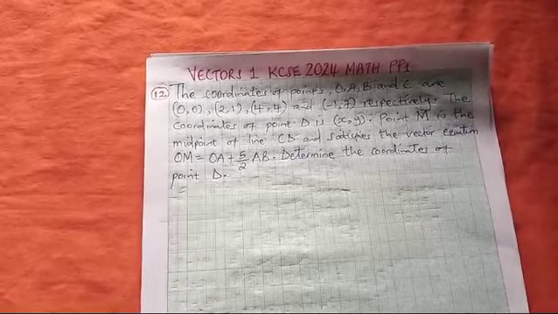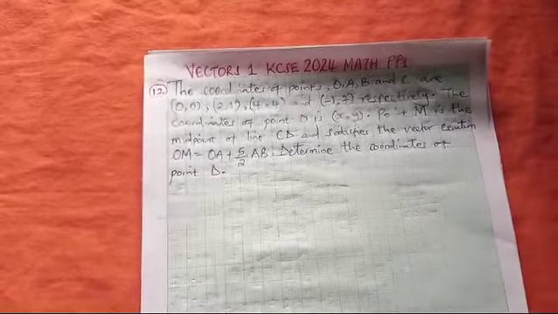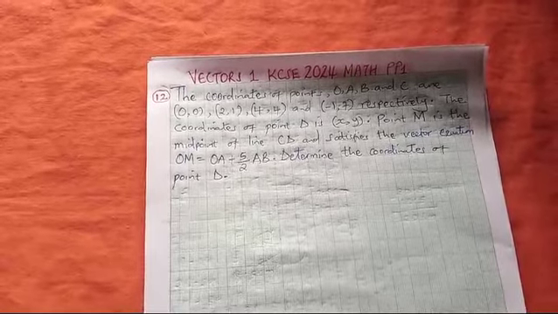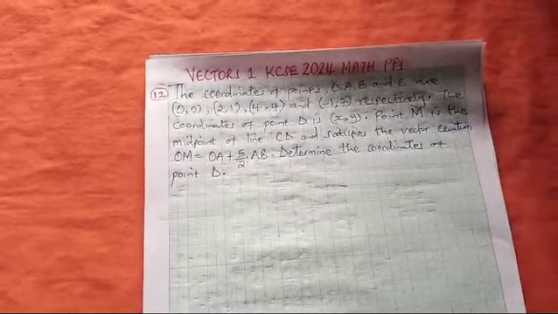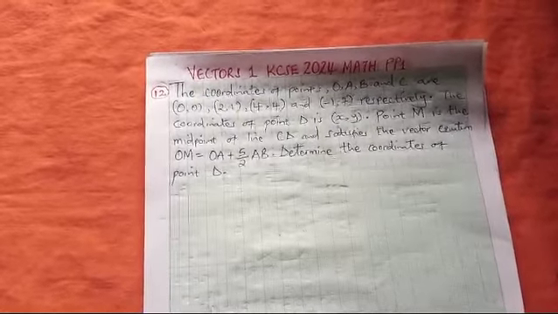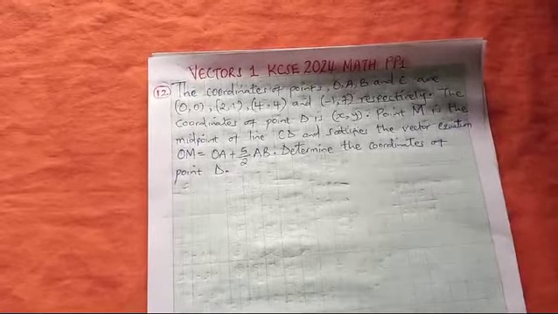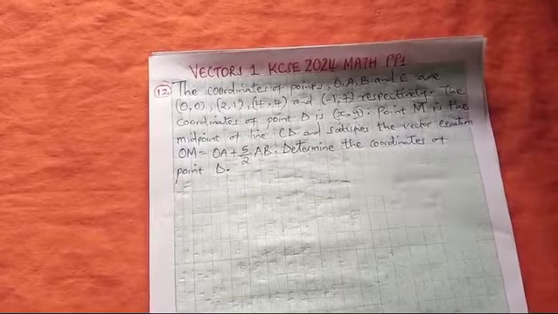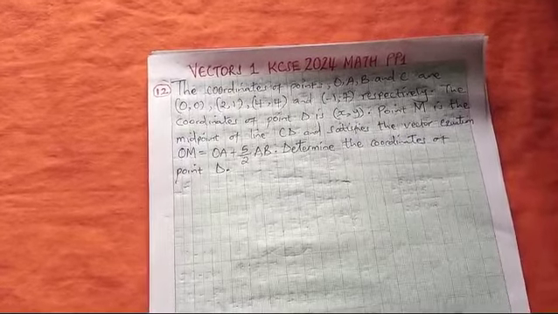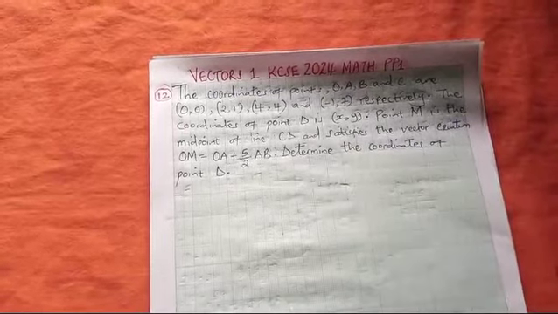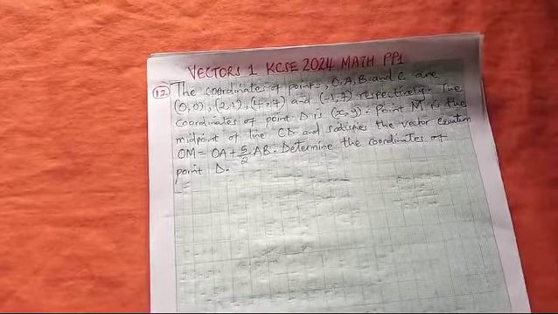The coordinates of points O, A, B, and C are (0, 0), (2, 1), (4, 4), and (-1, 7) respectively. The coordinates of point D are (x, y). Point M is the midpoint of line CD and satisfies the vector equation OM equals OA plus 5/2 AB.